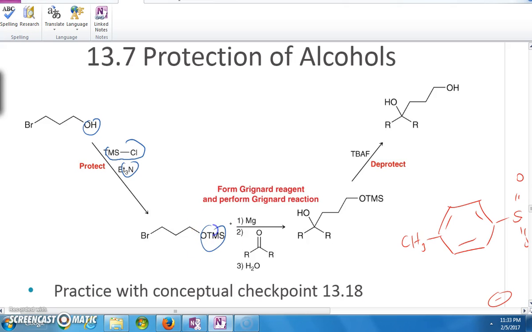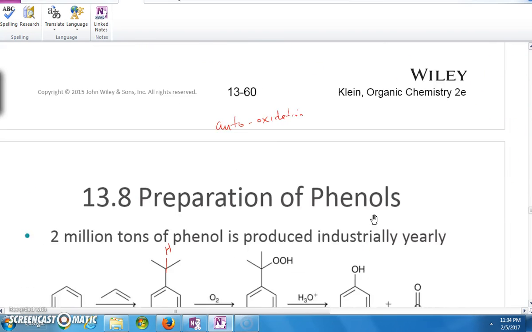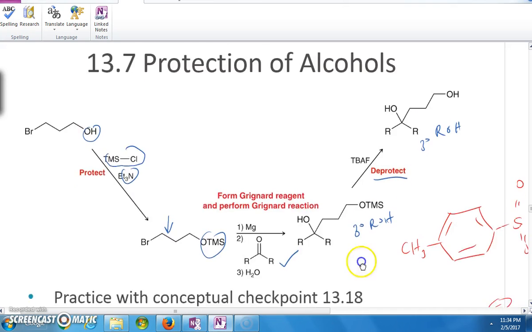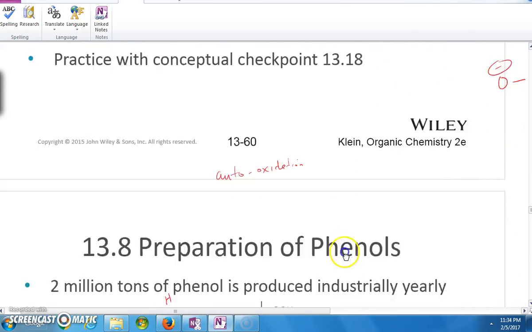Once the OTMS has been placed, you can now convert this into your Grignard. Once the Grignard is made, you can make it react with the ketone, and then you deprotect, and you get the formation of your tertiary alcohol. So basically that is what is happening.